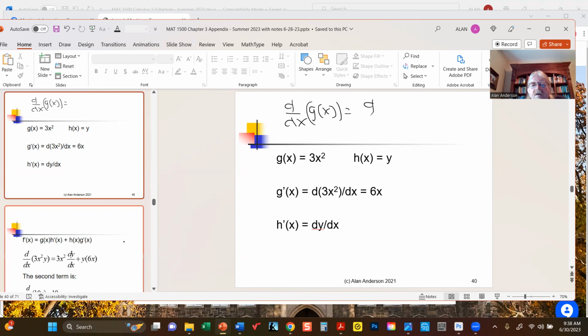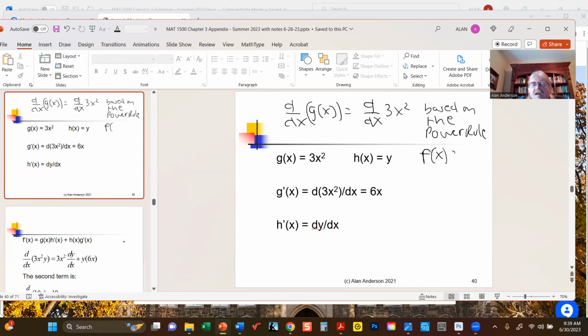and differentiate 3x squared, based on the power rule, remember again, might as well review it one more time. Well, by now you probably have this thing memorized.